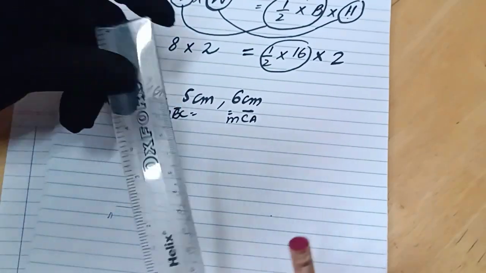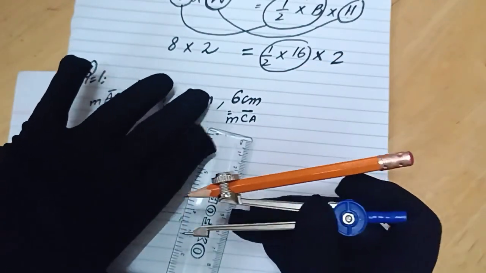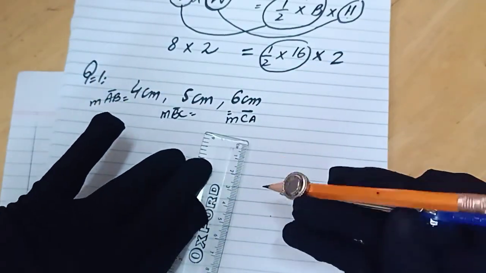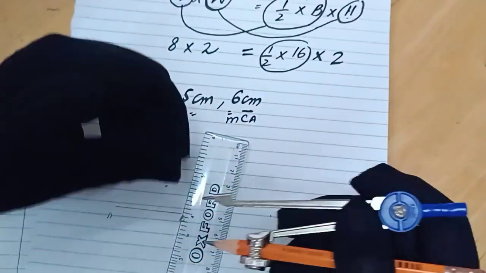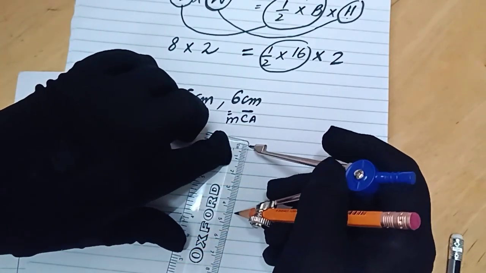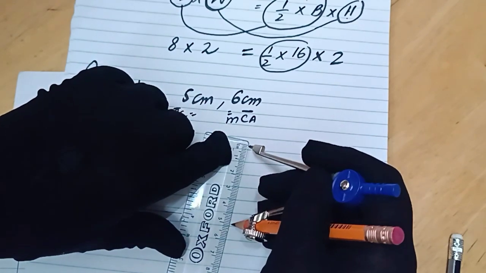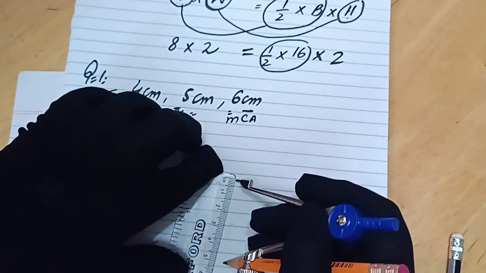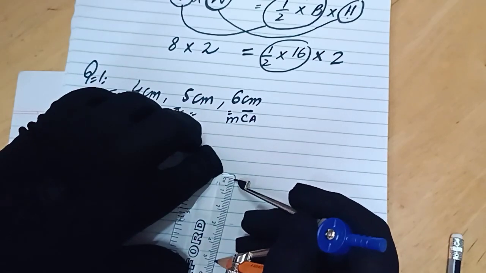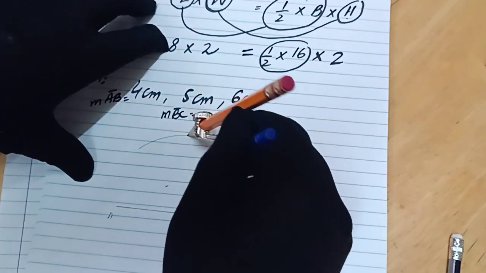Let me explain again. B to C is 5. Open the compass exactly equal to 5 centimeter. For that, you can keep this arm exactly at 0 and then open this slowly till 5. Okay, see this one? Hopefully my measurement is coming exactly equal. Yeah, exactly 5. So make a free arc.